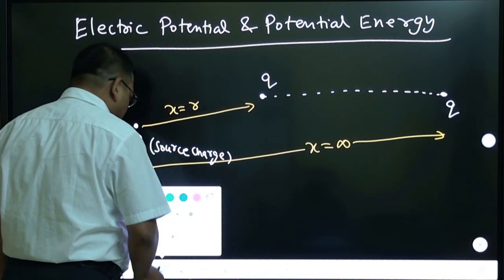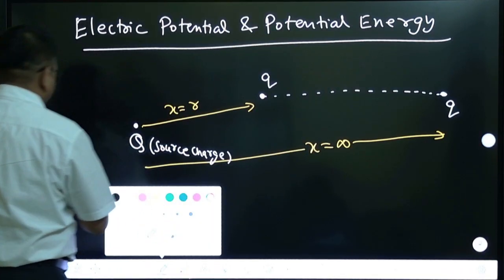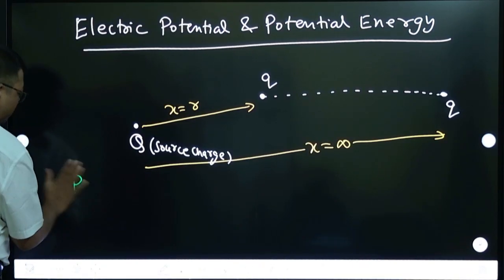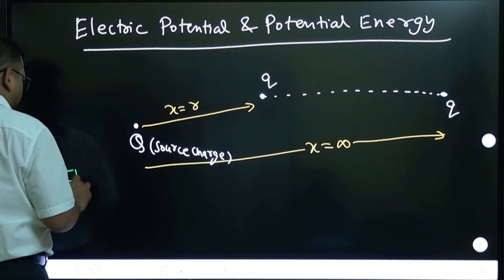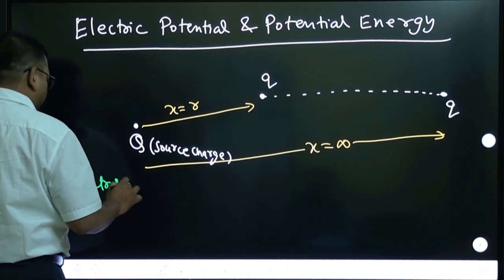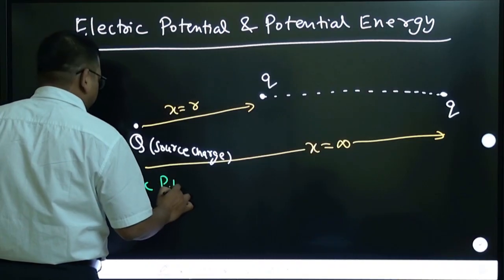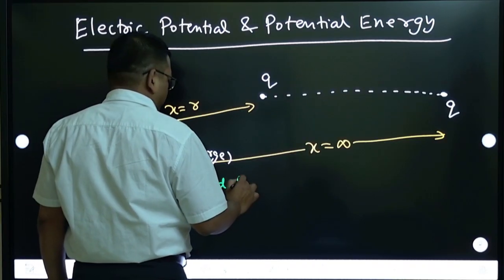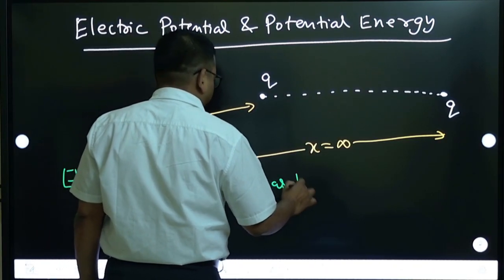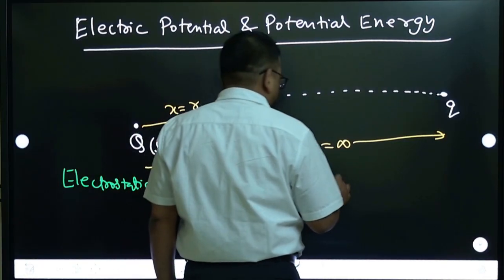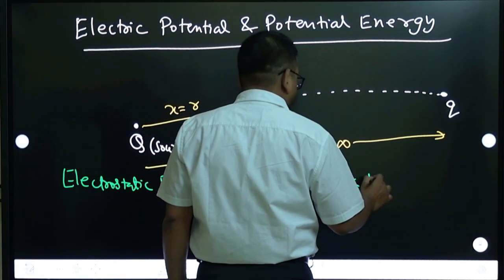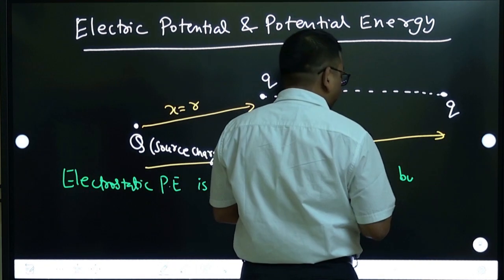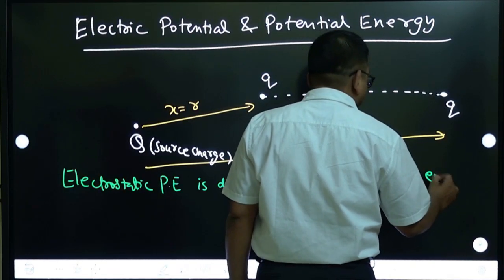So what is potential energy defined as? Electrostatic potential energy is defined as the work done by external force.